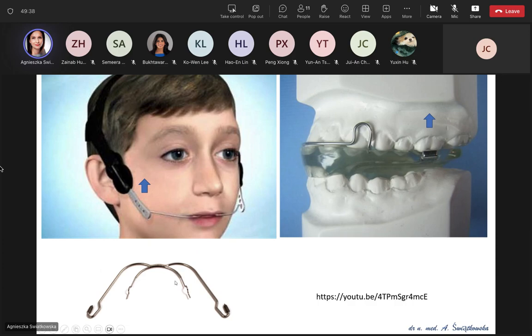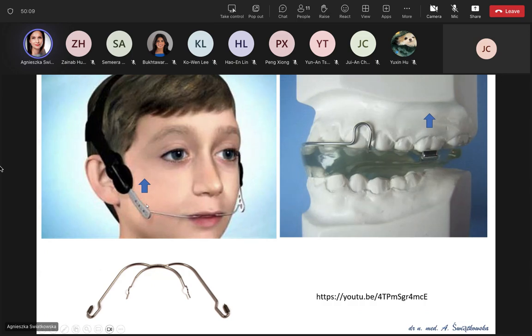Look that here we have a U-bend. This U-bend is very important. If we don't have this, in this part we should bend it by ourselves. And this part we put here. This is an activator, a removable functional appliance. We put this into this tube, and it gives this kind of direction. It works like this.